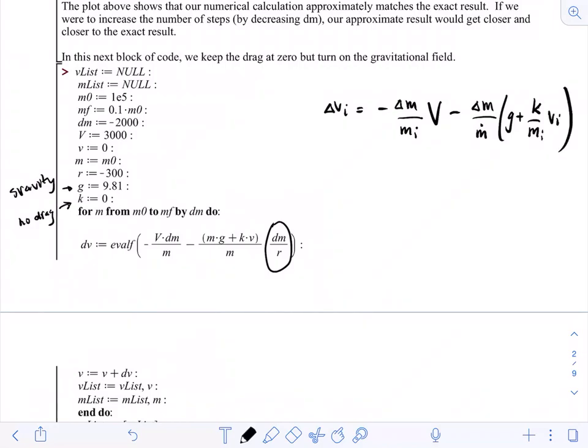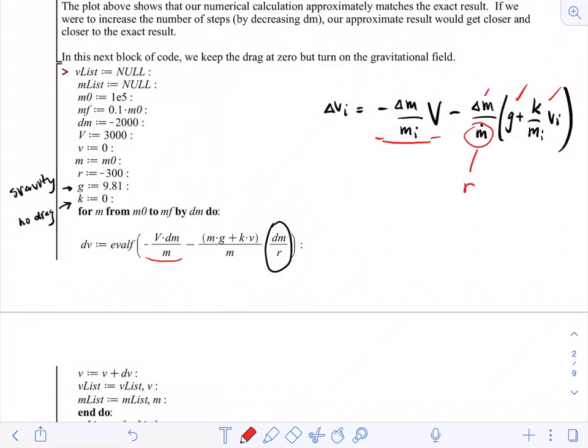And you can see the first terms are identical: minus v dm over m. So that's the same. And then we have mg over m, which is g, and then kv over m, kv over m. And then we have delta m over m dot, and so this is r.